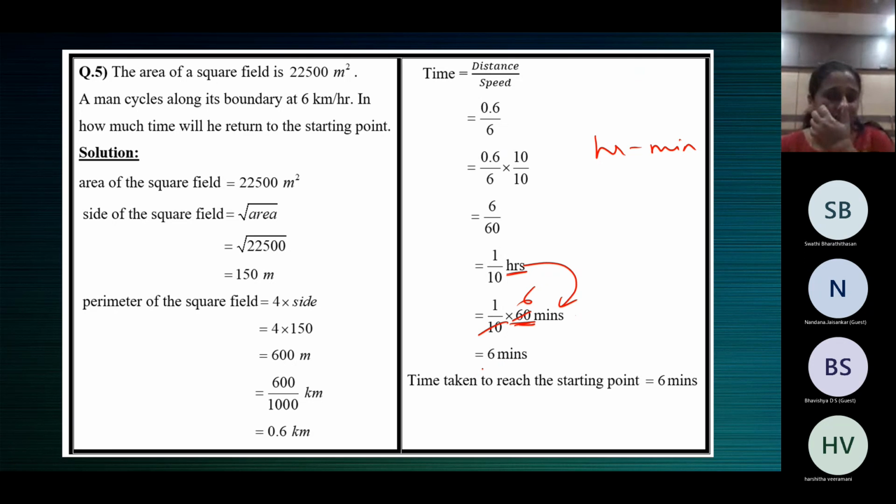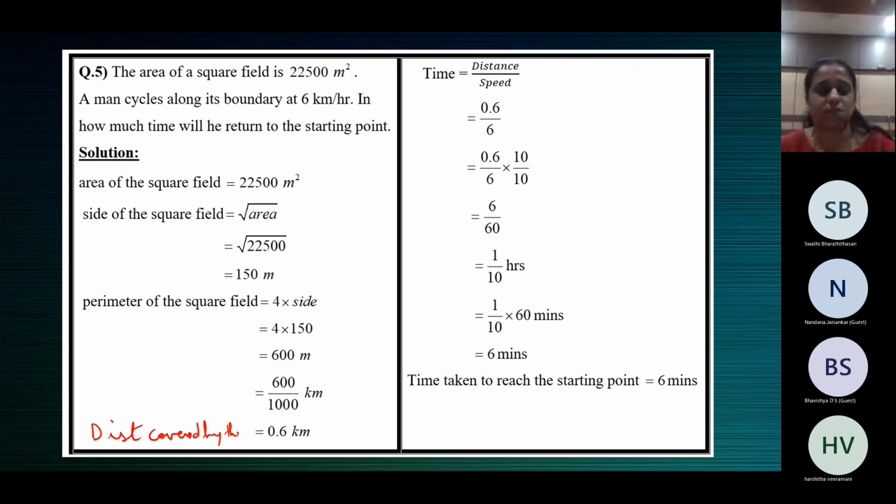So the time he takes to reach the starting point, that is to make one round along the perimeter, is 6 minutes. Perimeter is nothing but the distance covered by the man.